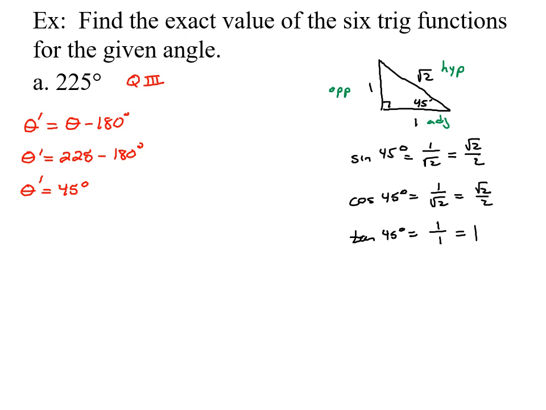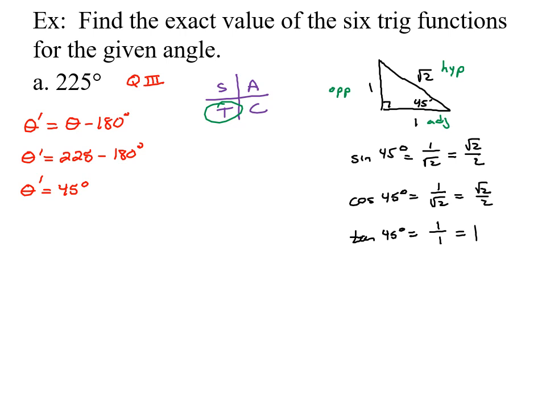Now, since we're in quadrant 3, this goes back to your ASTC chart. In quadrant 3, notice tangent is the one that's positive, which means everything else, the sine and the cosine, have to be negative.